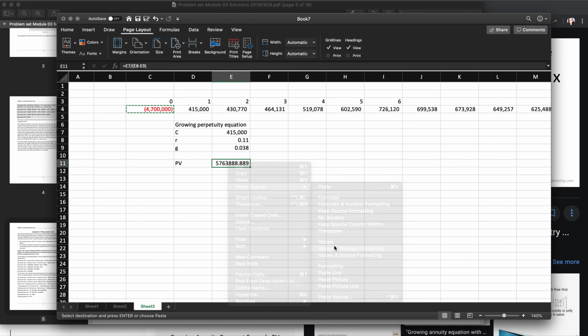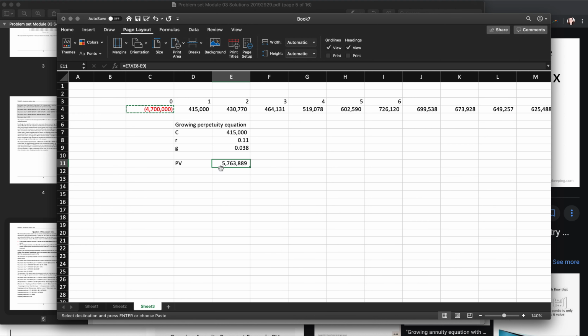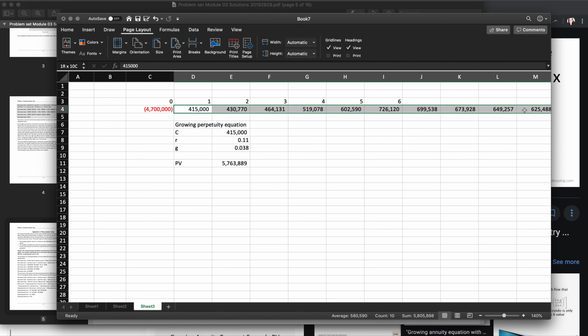Paste special formatting. Okay, so this present value is the same thing as all of these cash flows forever and ever and ever added up.